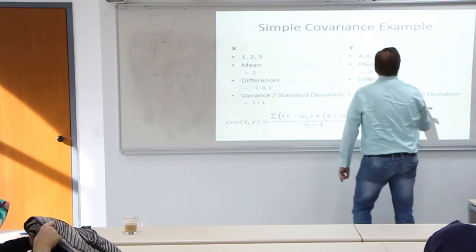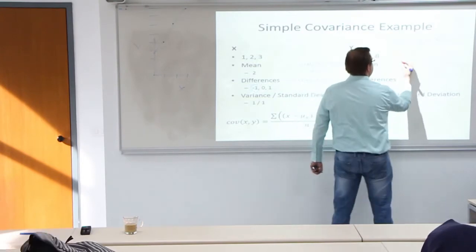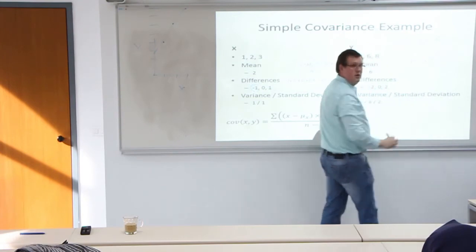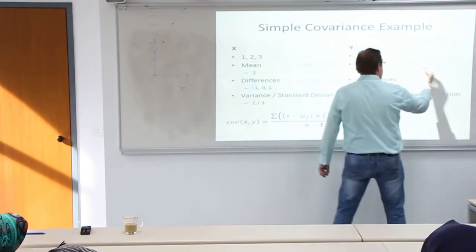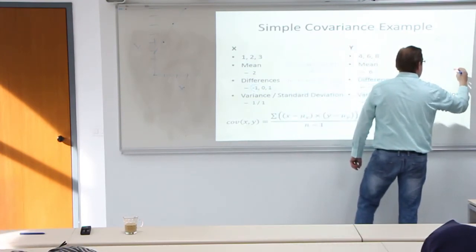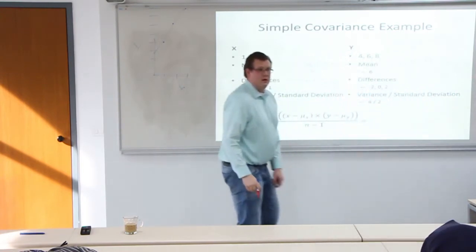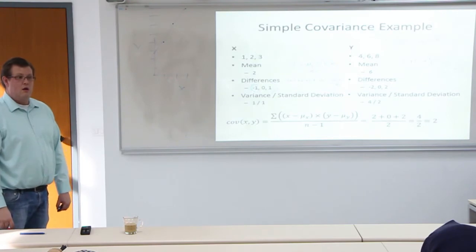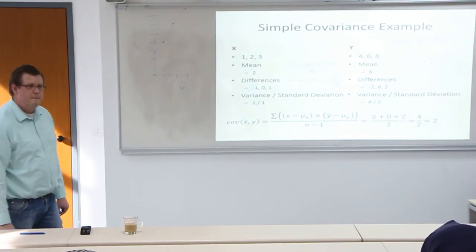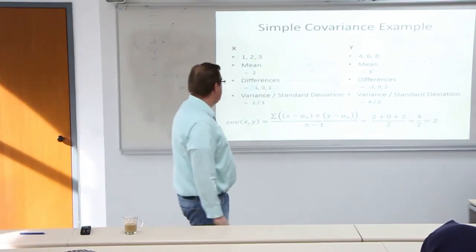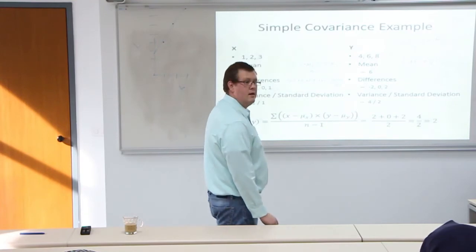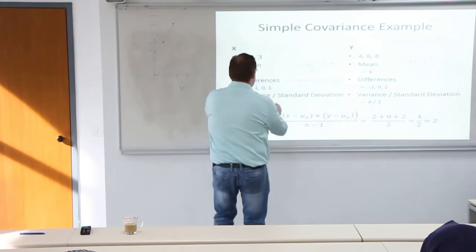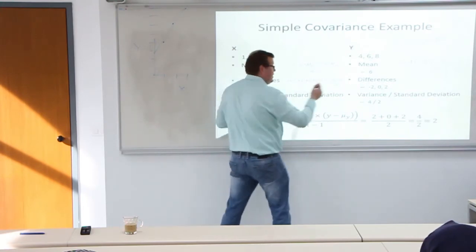So what is that? Well, this is 2 plus 0 plus 2, divided by 2, so we have 4 over 2. This is equal to 2. So the covariance is 2. We multiplied each difference with the other one.